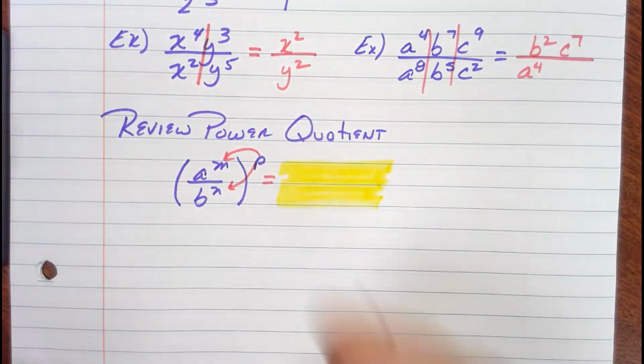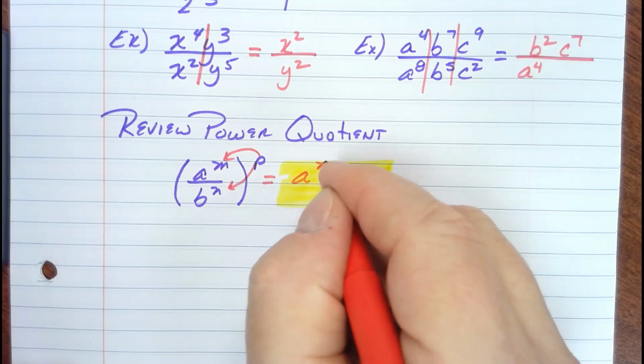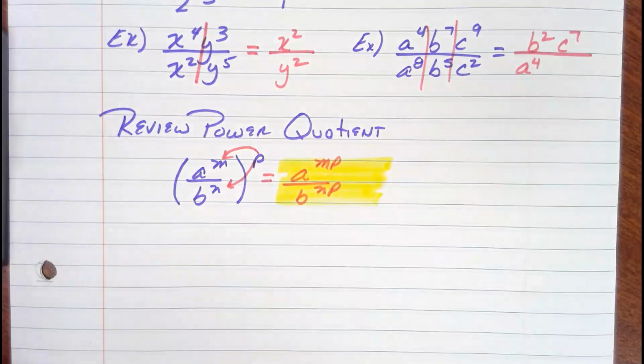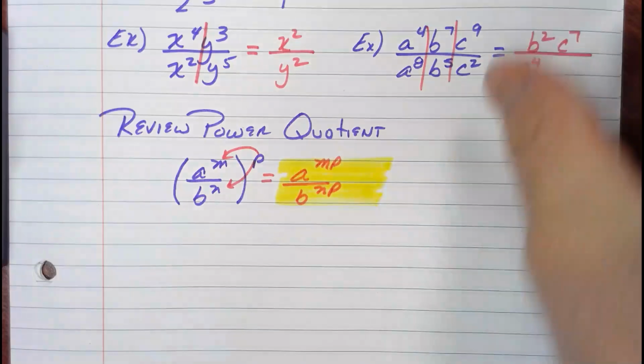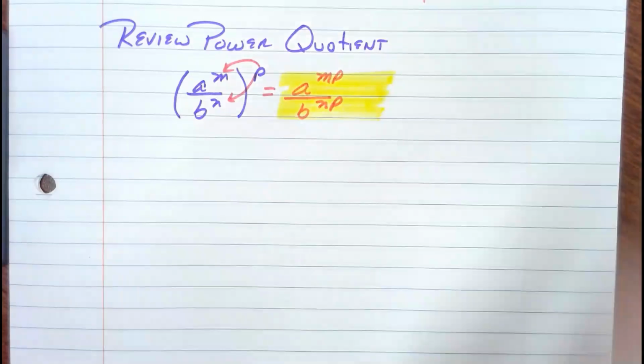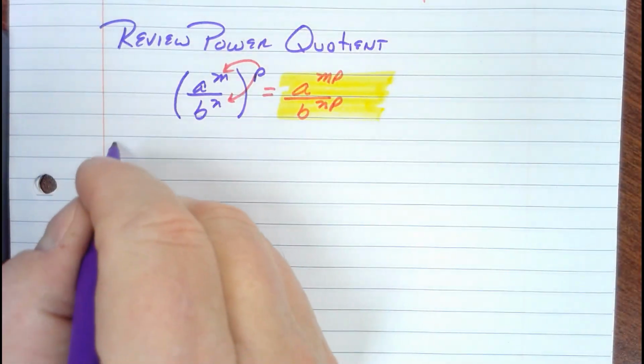So you have a to the MP over b to the NP. And again, this is something we talked about the other day. So this part should go relatively smooth. Throw up your hand if you have a question.